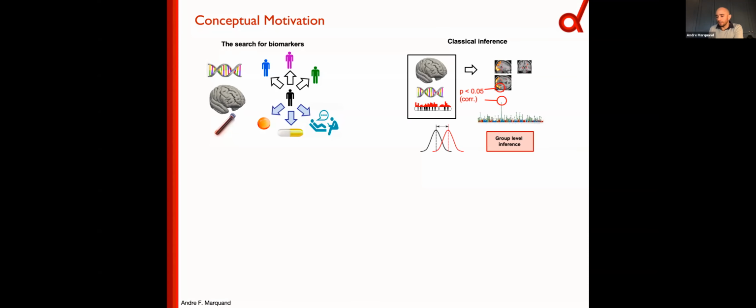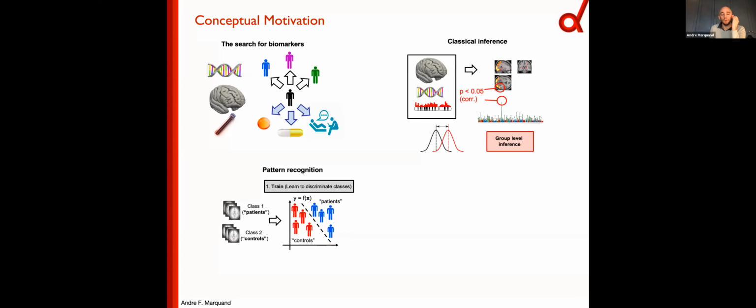This departs a little bit from the classical scientific inference dogma, which aims fundamentally to provide group level inferences, so differences, for example, between patients and controls in, for example, a GWAS study or statistical parametric mapping. The problem with this kind of approach, while it's very good for discovery of mechanisms, is that from a clinical management point of view, clinicians need to treat individuals, not groups.